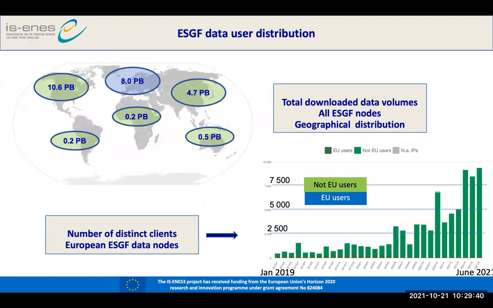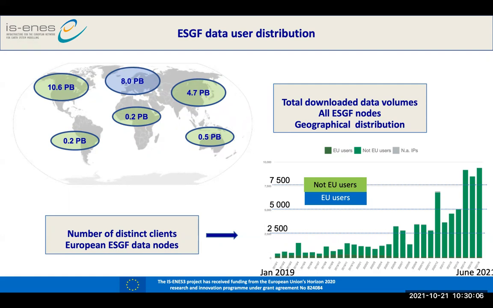If we look at where the different data are downloaded, you see above that it's quite heavy in the Northern Hemisphere, with 10 petabytes of data downloaded in the US, 8 in Europe, 5 in Asia, and even some in the Southern Hemisphere, but there it is less than 1 petabyte.